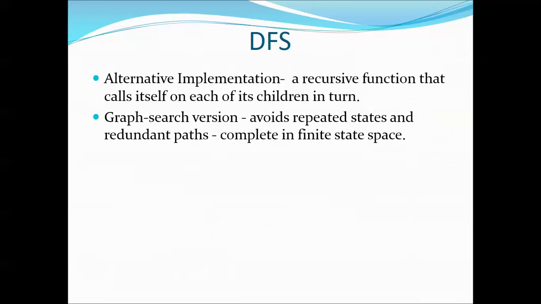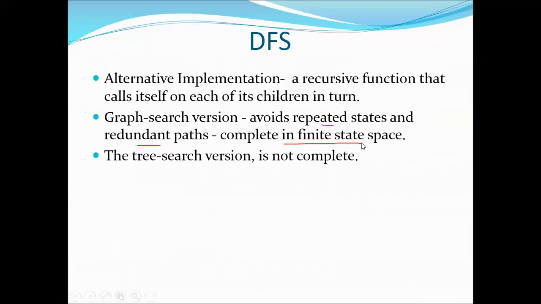And again, the DFS can be a graph search version or a tree search version. So already we have discussed graph search and tree search. A graph search is one which will avoid redundant paths, whereas the tree search will create redundant paths. So the graph search version avoids repeated states and redundant paths. It is complete in finite space.